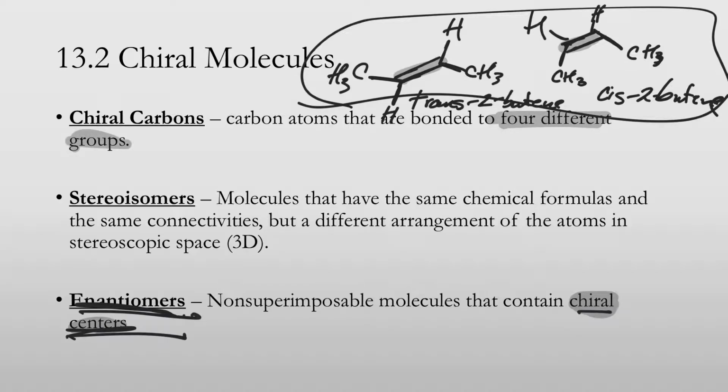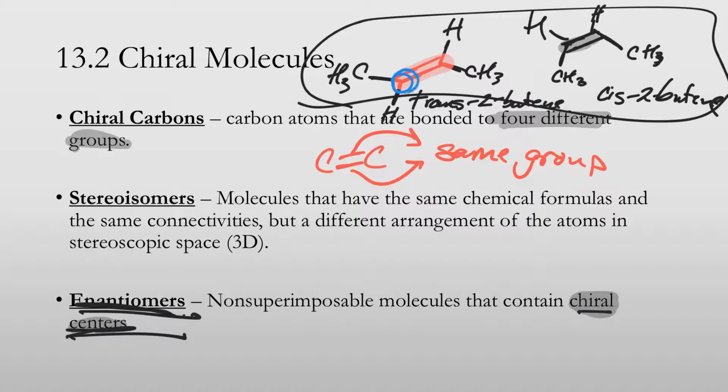When you've got a double bond in it, though, by definition, you have a carbon here. If you have a carbon-carbon double bond, that bond and that bond are the same group. So for this carbon, you've only got 1, 2, and 3 different groups bonded to it, so it is achiral.